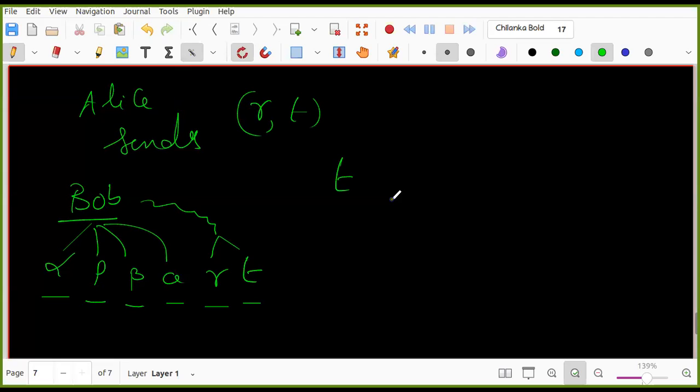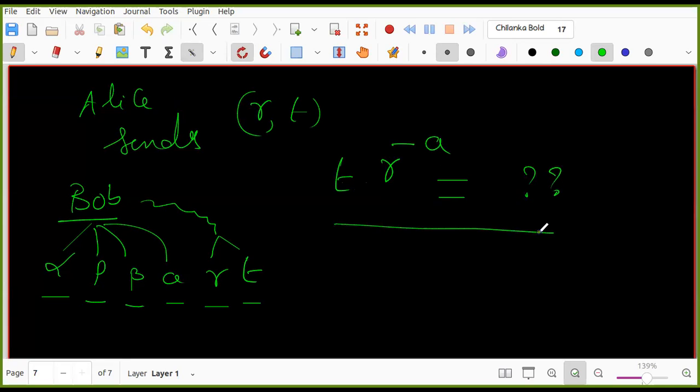Now, T into R power minus A. T is known, A is known to Bob, so R power minus A can be computed. What is the T value?